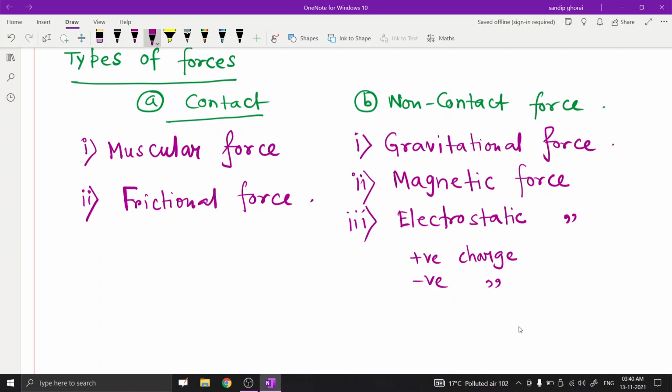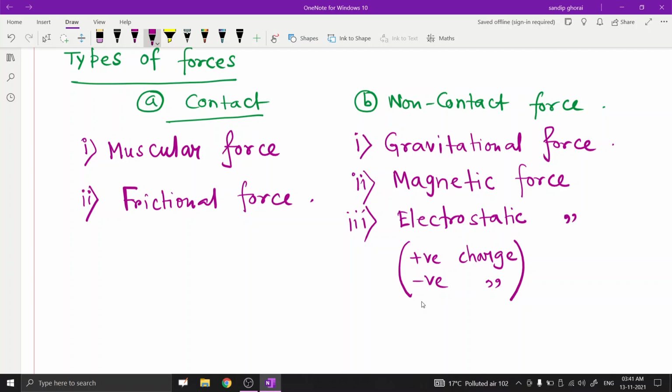In general, the force exerted by a charged body on another charged body or uncharged body is called electrostatic force. So if we take one positive charge and one negative charge, then the force is called electrostatic force.